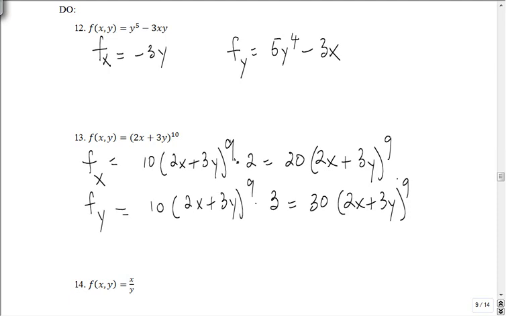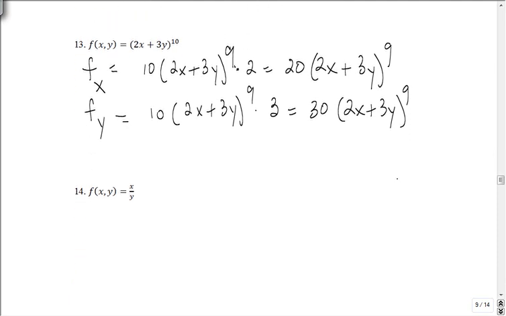Great. 14. One person give me the partial of f with respect to x, please. Yes, 1 over y, or y to the negative 1. Another person, give me the partial of f with respect to y, please. Great. You can leave it so, that's fine. Any other questions so far?